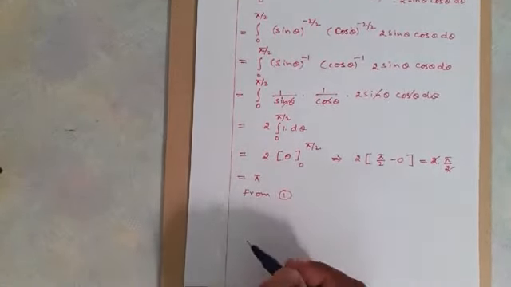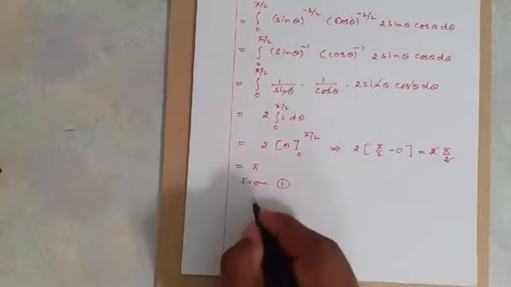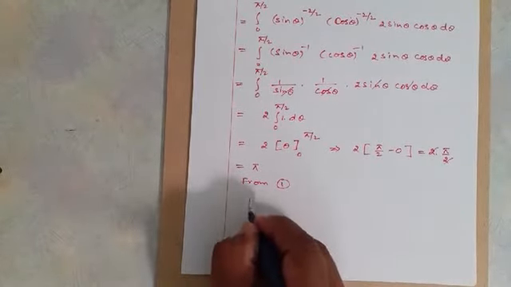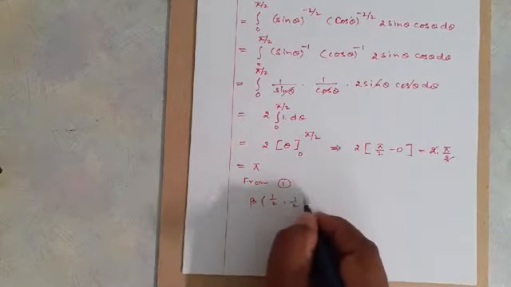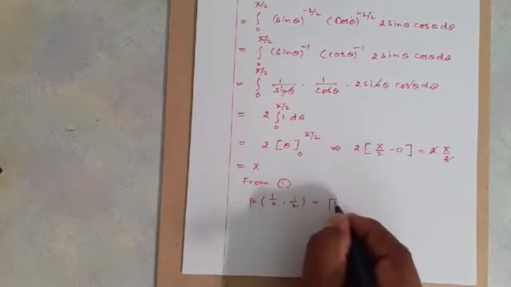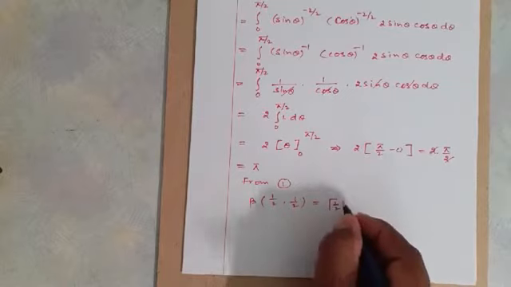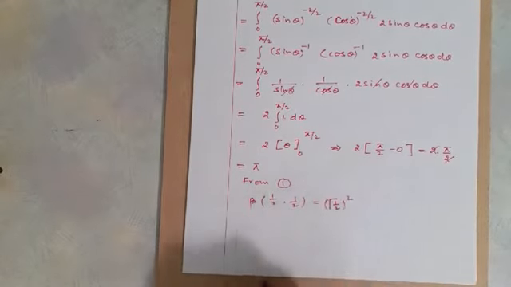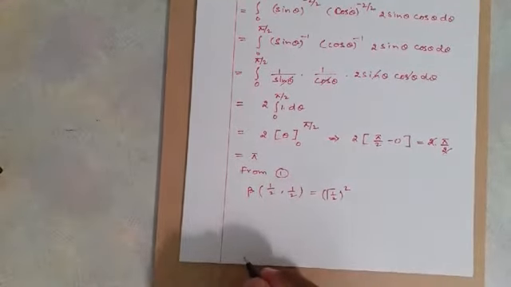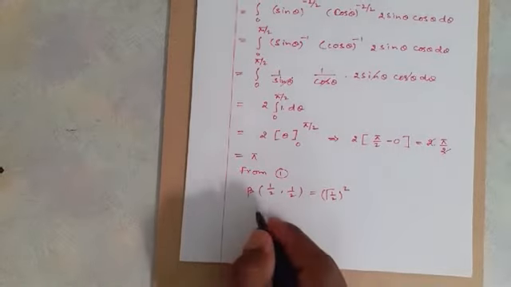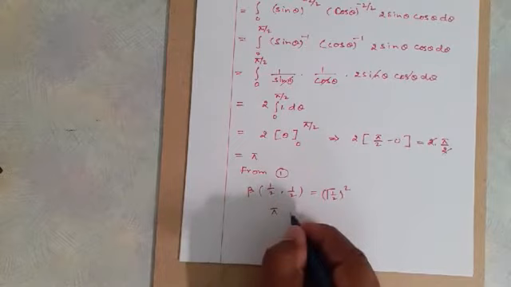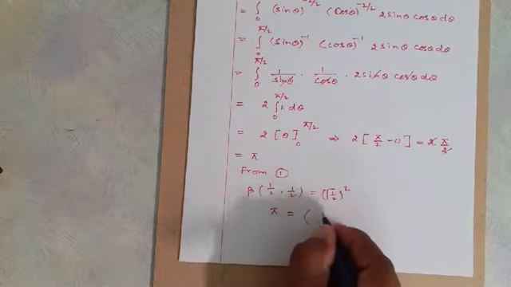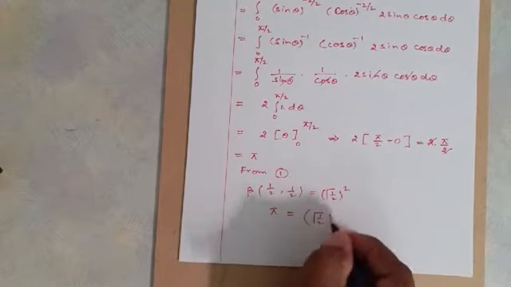So now, what is equation 1 here? Beta of 1 by 2 comma 1 by 2 is equal to gamma 1 by 2 whole square. Now we can directly substitute: we got beta of 1 by 2 comma 1 by 2 as pi, so pi is equal to gamma 1 by 2 whole square.